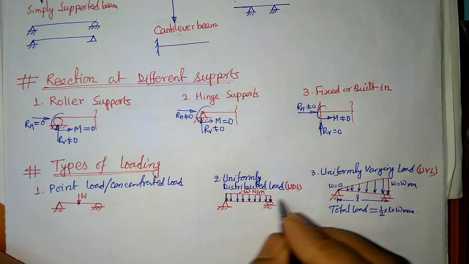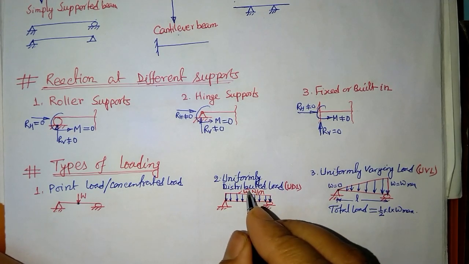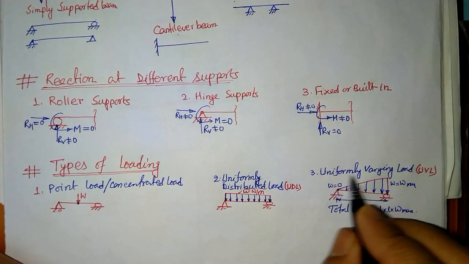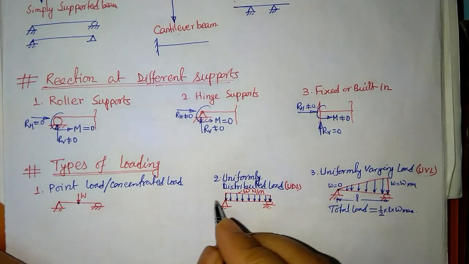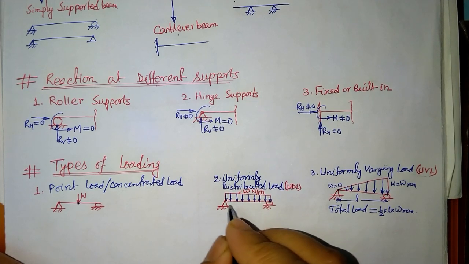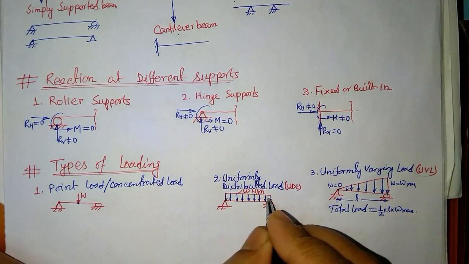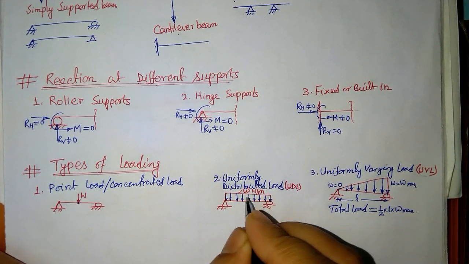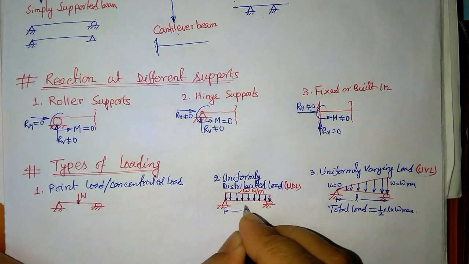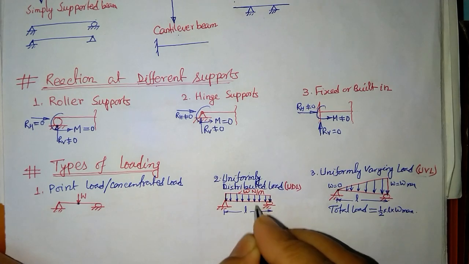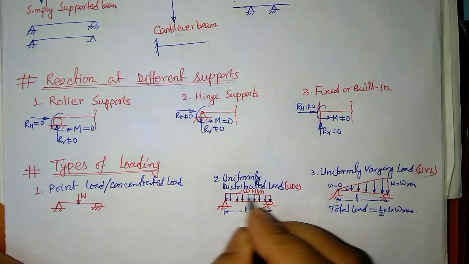Similarly, this uniformly varying load, in short form we can call it UVL. For uniformly distributed load UDL, as I already told, this is in the form of a rectangle, always in rectangular form. So if we want to find the magnitude of this load, let's find the total area.